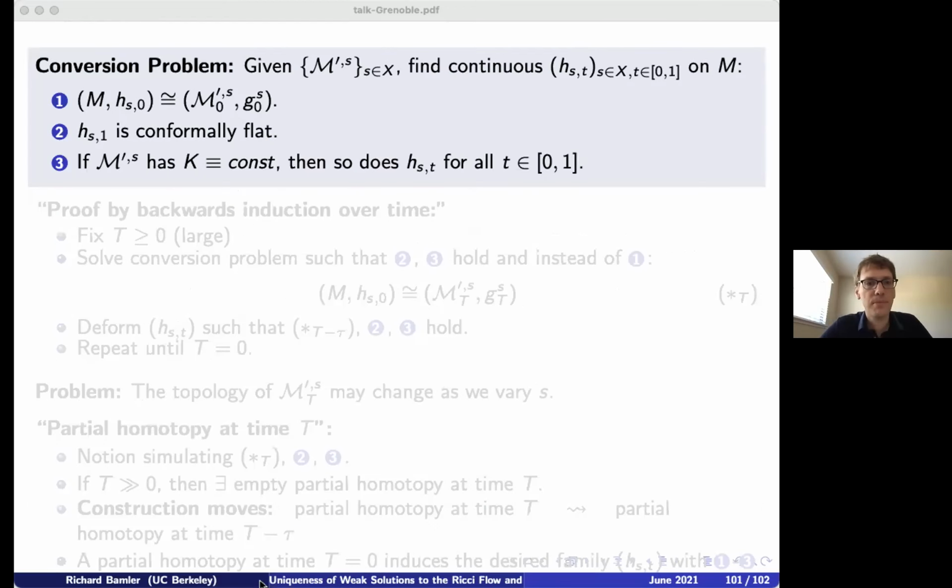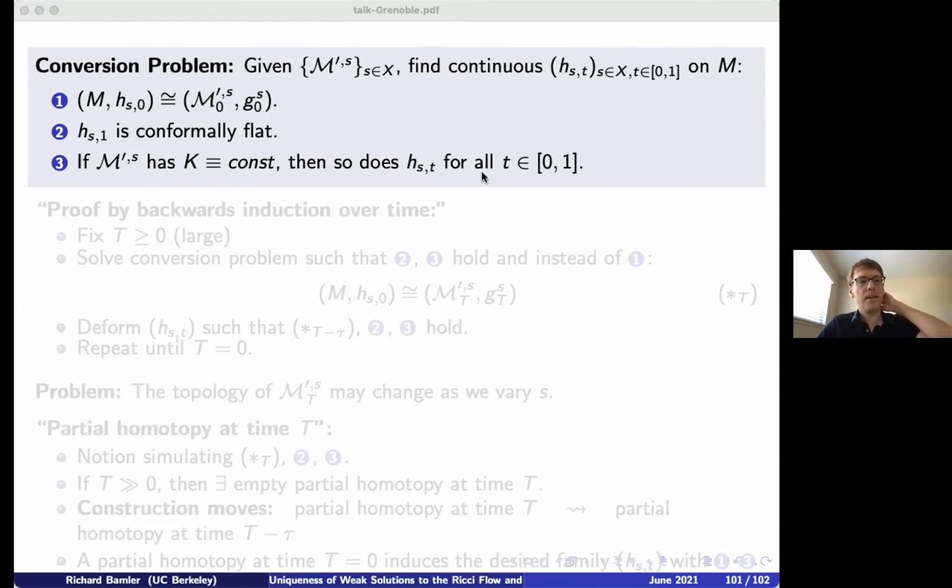Okay, so here's our conversion problem. Just to recap again, we're given a family of these rounded singular almost Ricci flows, and we want to convert them into a family of continuous Riemannian metrics on the initial time slice, such that at the initial time, h(0) is equal to the initial metric, such that h(1) is locally conformally flat, and with the property that if our flow already had constant curvature, then so does h_st for all t.